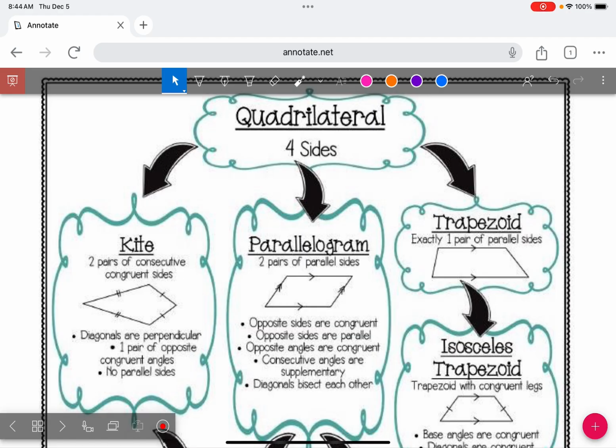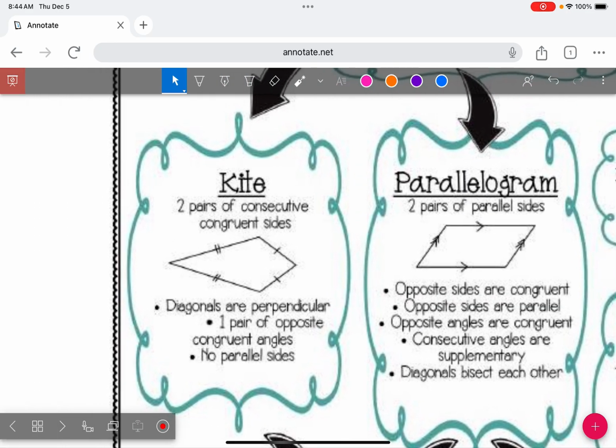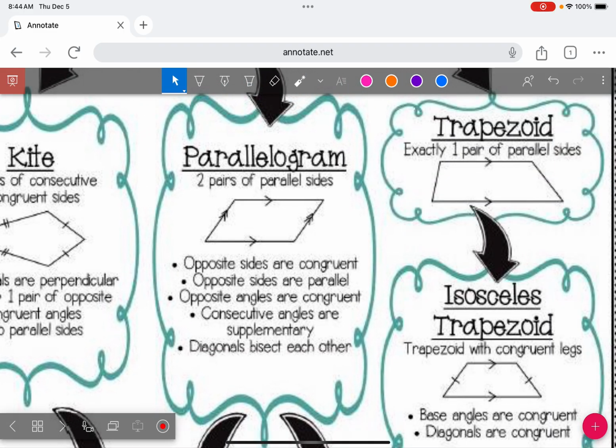Now, in those quadrilateral families, we have a kite. Okay, so a kite was kind of its own little family off to the side. That was where we had the two pairs of disjoint sides. Additionally, in a kite, the diagonals are perpendicular. One pair of opposite angles would be congruent, and there are no parallel sides. Next, we had the parallelogram family.